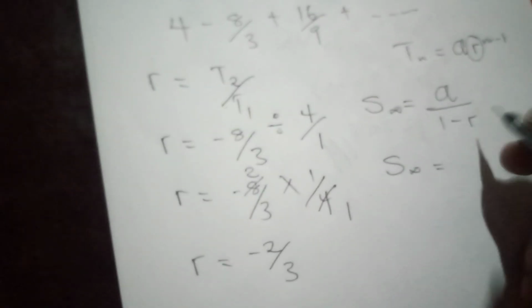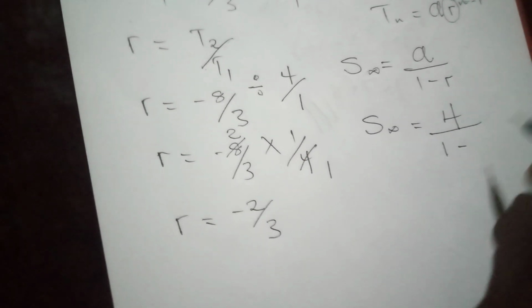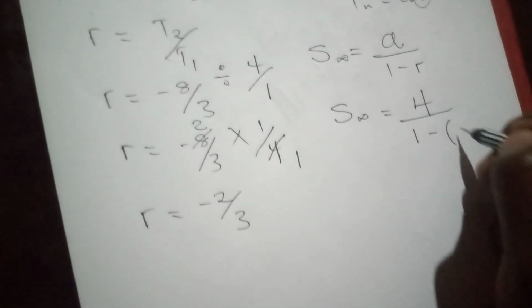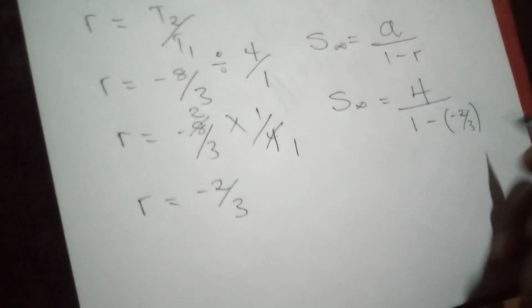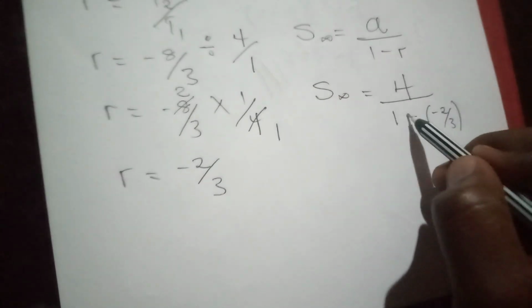So that is 4 over 1 minus the common ratio, negative 2 over 3. So negative and negative is positive, so it's 4 over 1 plus 2 over 3.